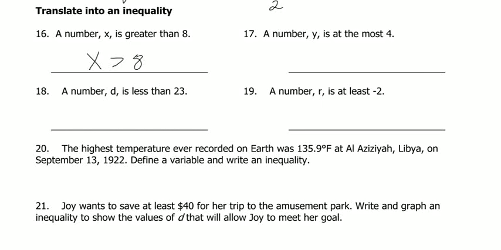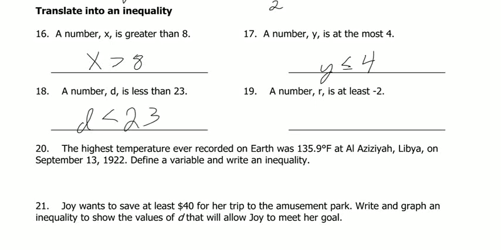A number y is at most 4. That means that 4 is bigger than y, or y can be 4. Now, d is less than 23.